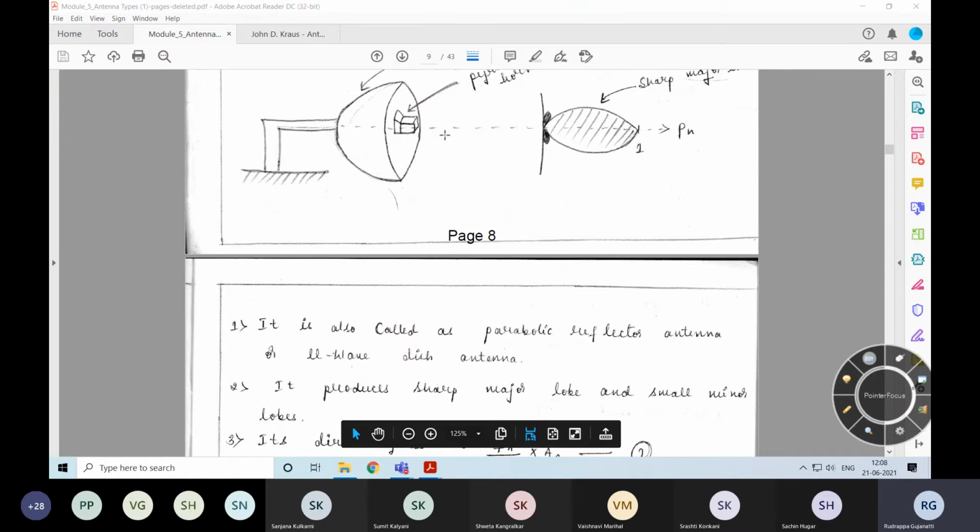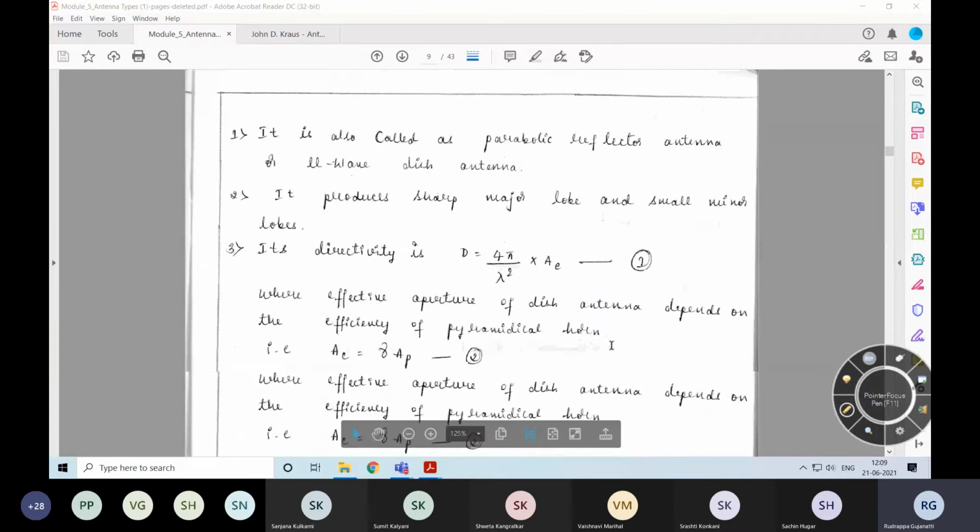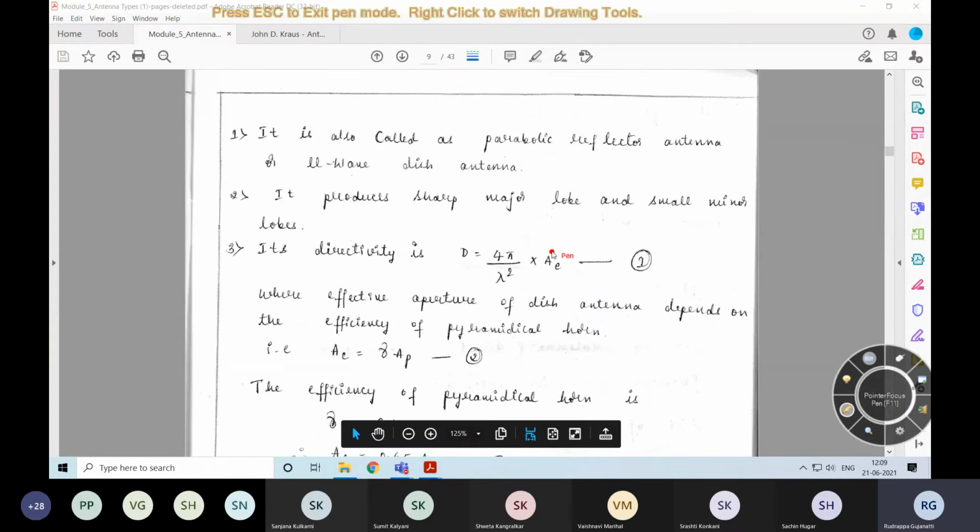Not the entire structure will be useful for reception or transmission of the signal, which implies that not all the power will be delivered to the receiving end. Only a certain amount of power will be delivered, which is classified as effective power. That gives rise to the effective aperture. Therefore directivity is given by D = 4π/λ² × AE.